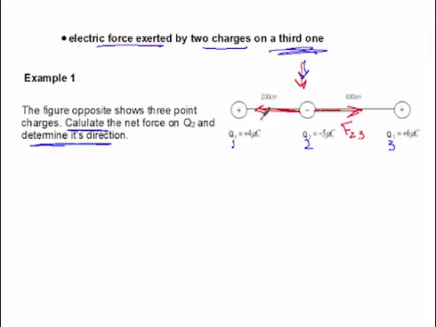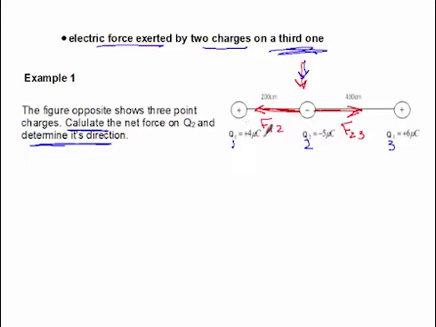So this is the force between Q1 and Q2. So we are looking at the forces acting on Q2. There is a force by Q3 and there is a force by Q1. So we see that this charge Q2 is under two opposite forces. We have to calculate each force, then get the resultant force.